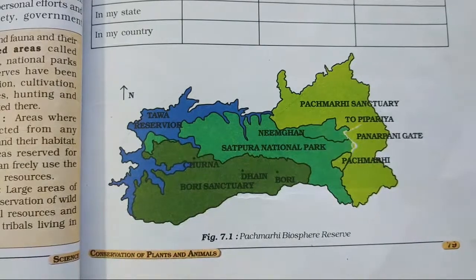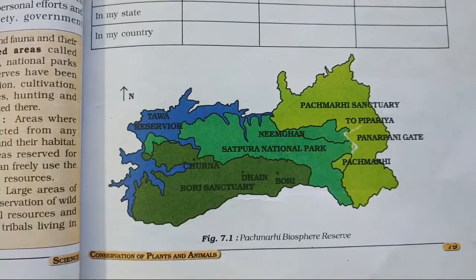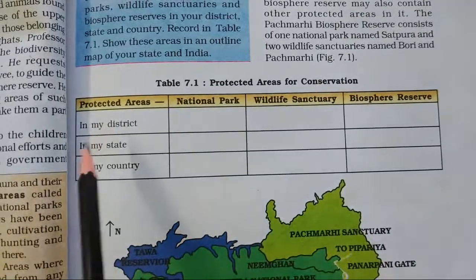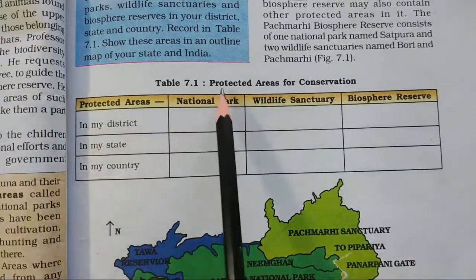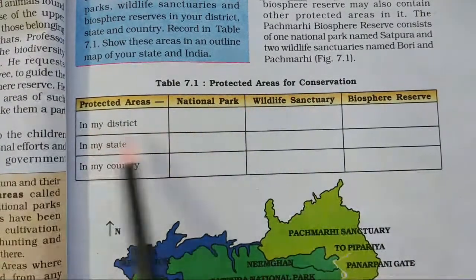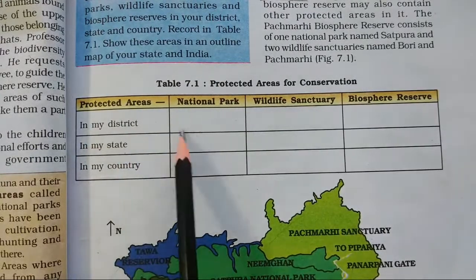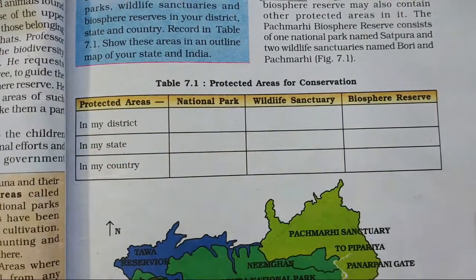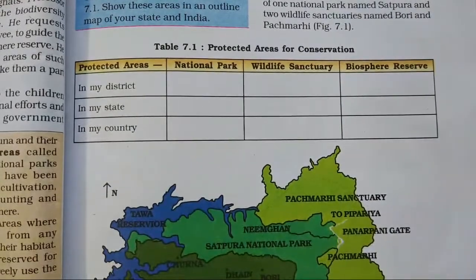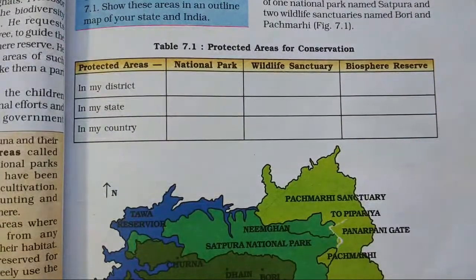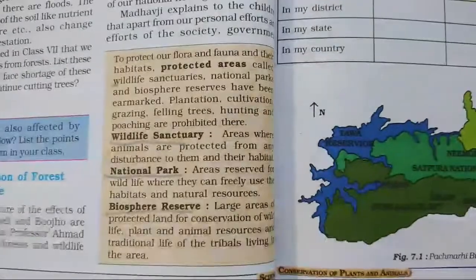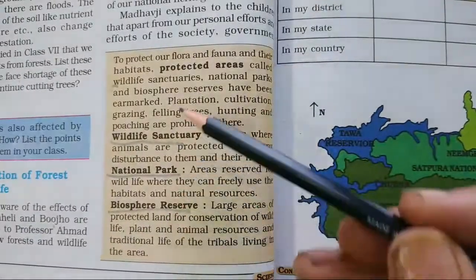So this is a big area, and you can note down the protected areas in your district, in your state, and in your country, and write down the names. One of the names is given here. A biosphere reserve is a big area which may include the three things.